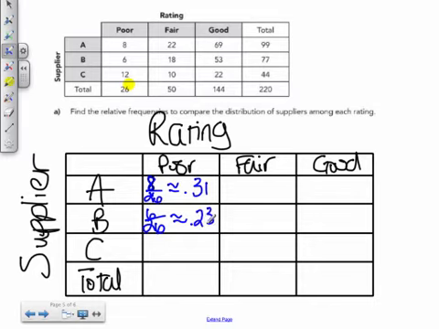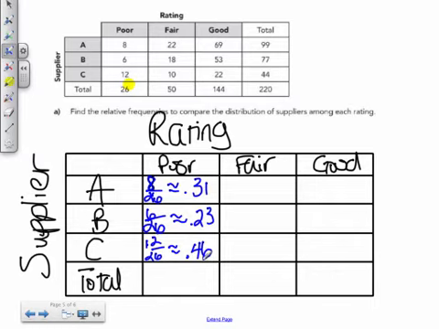And then the last one, C, I want to figure out, C had a rating of 12, or sorry, 12 of the supplier C's were poor. So that would be 12 out of 26. Plug that into your calculator, you should end up getting about 0.46 rounded to the nearest hundredth.